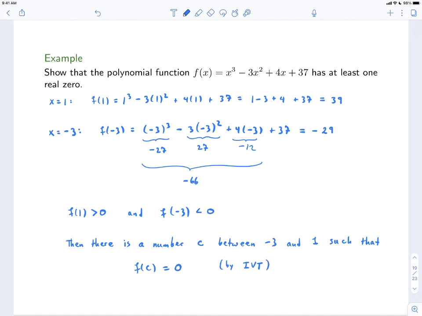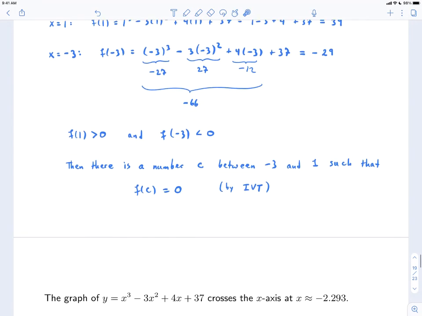Now this theorem doesn't tell us what the value of c is, it just tells us that there is a value of c. What we could try to do is narrow it down by picking numbers that are closer and closer together. We know that the value is between -3 and 1, so you could check other values between -3 and 1 and try to narrow it down that way.